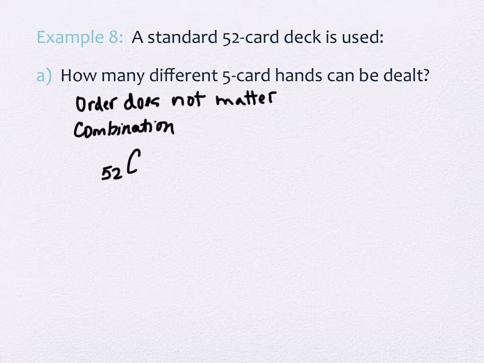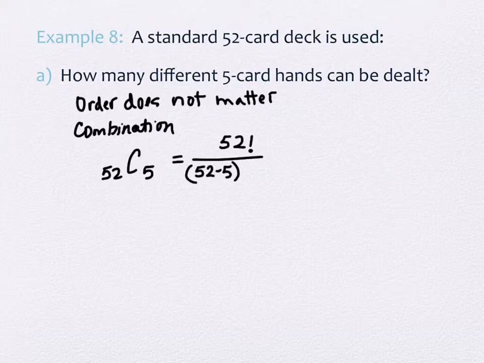And how many am I choosing? 5. I only get 5 cards in my hand. Combination formula says 52 factorial on top. What is on bottom? Right, 52 minus 5 factorial, and then 5 factorial.